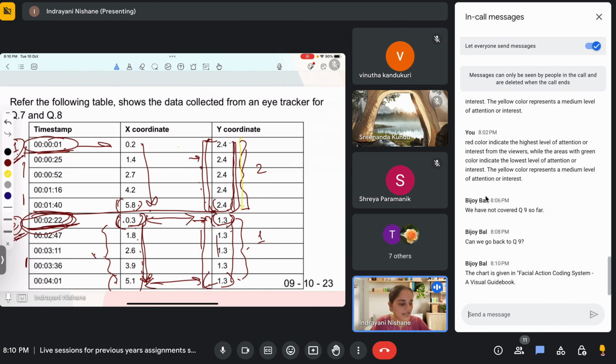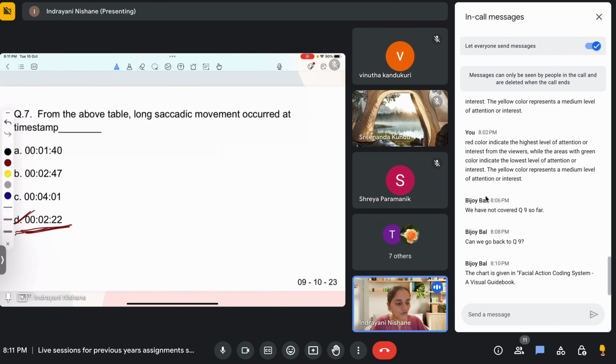First saccade is happening from this point, first, second, and now here there is another set. There is a divide, you can clearly see here the x coordinate is the same, and the y coordinate is changing. So that means this is the second continuous movement or second saccade. This is happening at timestamp 2.22. Out of these two answers, only one is part of the options, which is option D, 2.22.